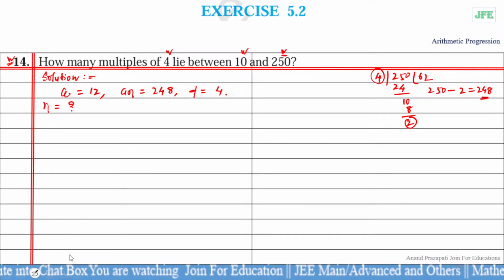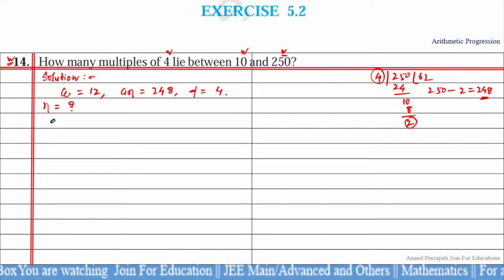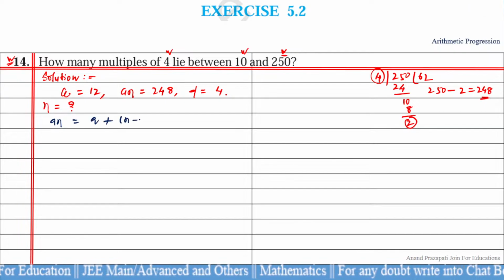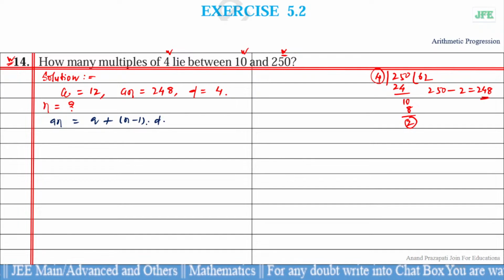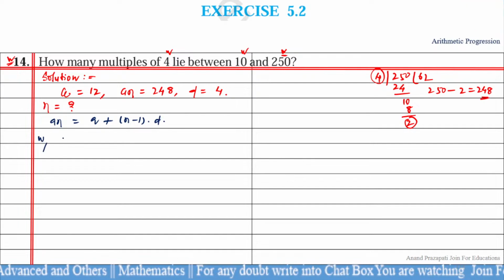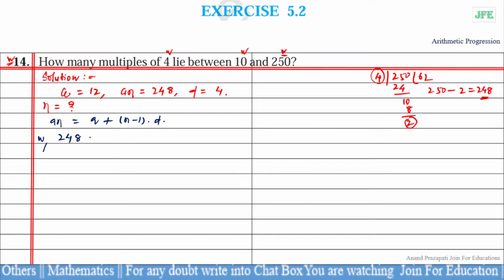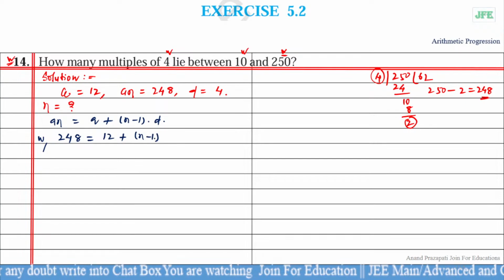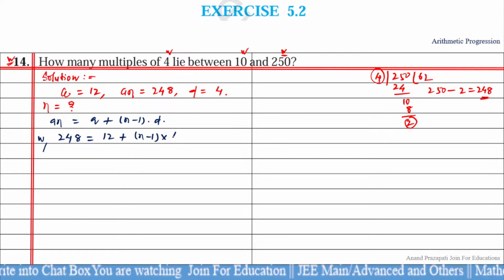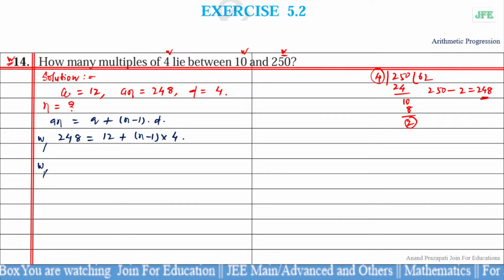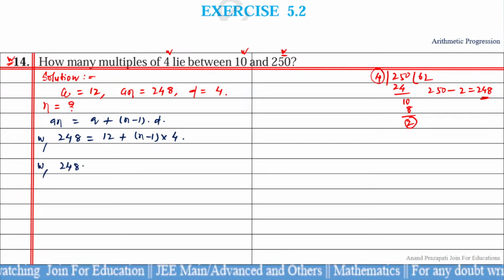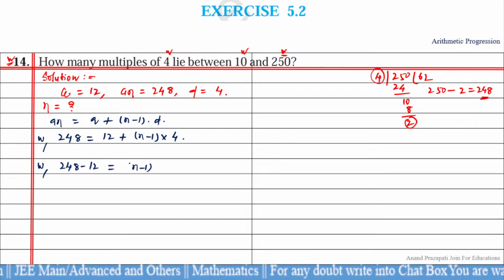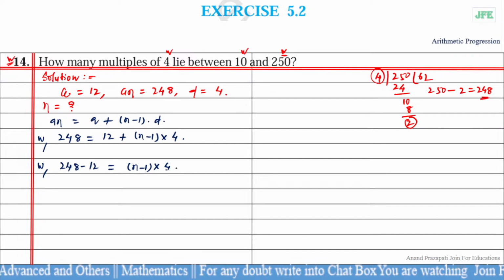So we recall the formula an equals a plus (n minus 1) into d. So an equals 248 equals 12 plus (n minus 1), and the value of d is 4. So 248 minus 12 equals (n minus 1) into 4.